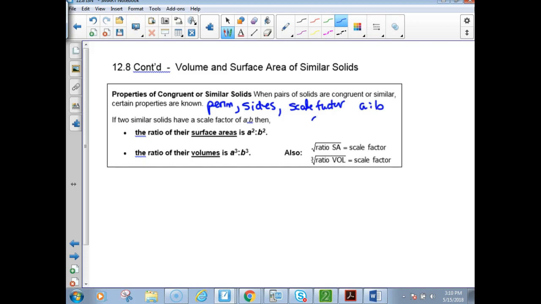That's A to B. Then the areas would not be the same. It would be A squared to B squared. And finally, volumes would be A cubed to B cubed.